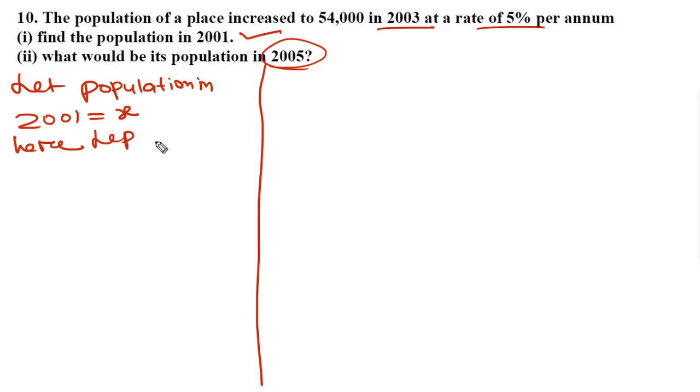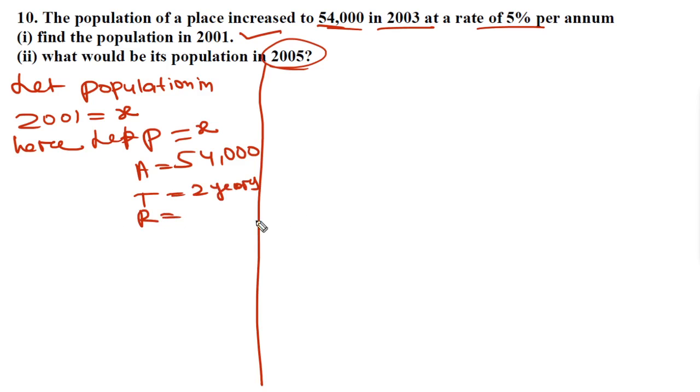Let P or principal be x, the amount A is 54,000, time t is equal to 2 years, and the rate of interest R is equal to 5%.